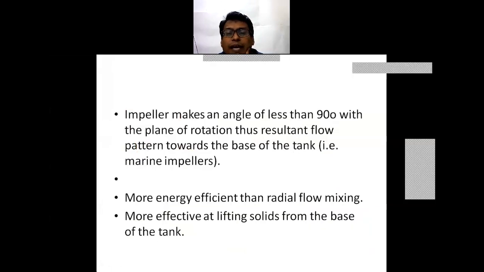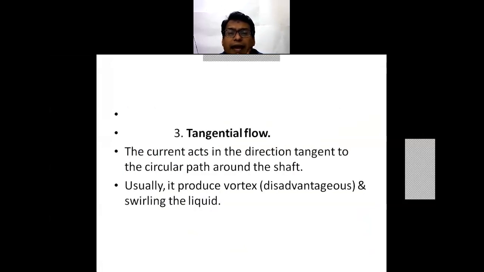So it is more energy efficient than radial flow mixing and more effective at lifting the solids from the base of the tank. Then the third is the tangential flow entry. The current acts in a direction tangent to the circular path around the shaft. The fluid is simply rotated, that is swirling, or you can say a vortex will be generated.